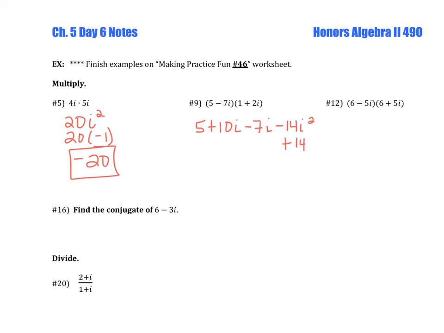And the reason for that is i squared is equal to negative 1. So negative 14 times a negative 1 becomes a positive 14. So when I go through and simplify, I'm going to get 19 plus 3i. I'll take the 5 and add 14 to it, and then I'll combine the 10i minus 7i. So again, final answer is 19 plus 3i.